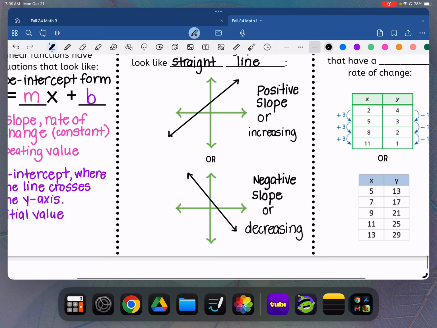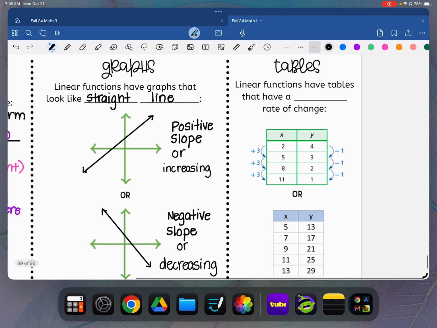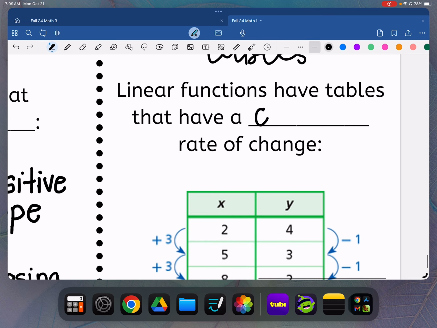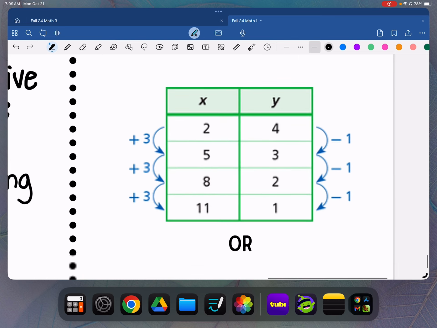We also looked at tables for a little bit. It said that linear functions have tables with a constant rate of change. Constant rate of change means they're going to change by the same values every time. If we look at this table, the change is linear because y is changing by -1 each time.